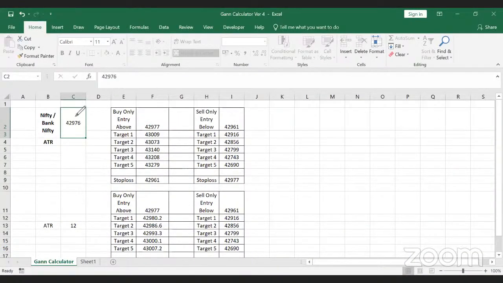Look at this, 42,976. And if you see here, we have got this target, this target, this target. I think even this almost nearby to this, it has come 140. Let us look at this. And if you see, that entire thing has happened within the first 15 minutes itself.